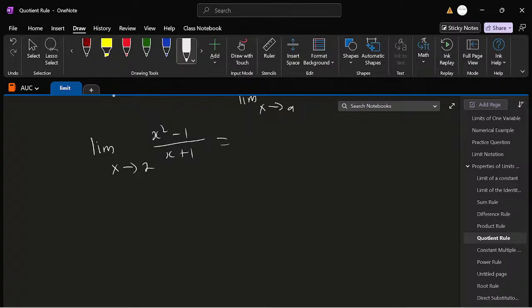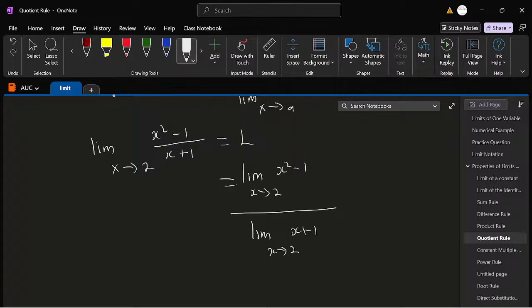This will be equal to the limit as x approaches 2 of x squared minus 1, and you can use the division sign here, over the limit as x approaches 2 of x plus 1.